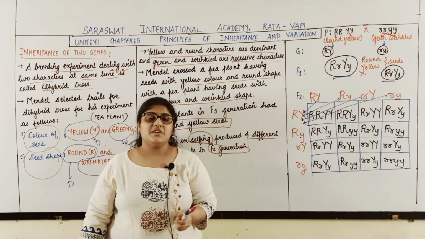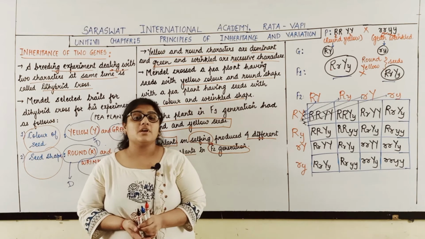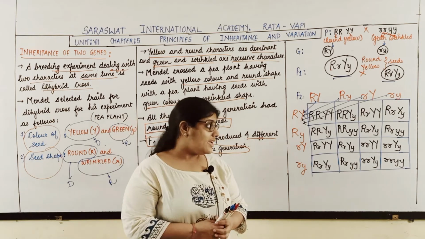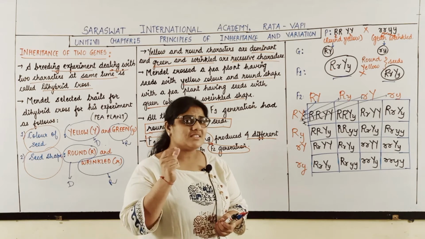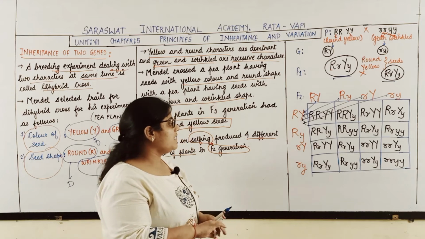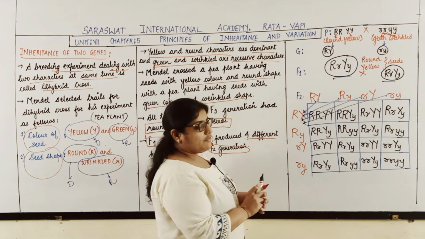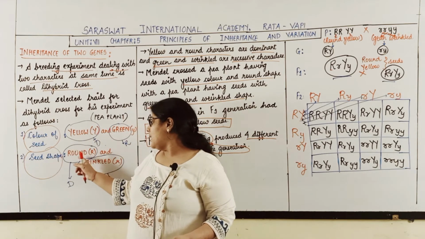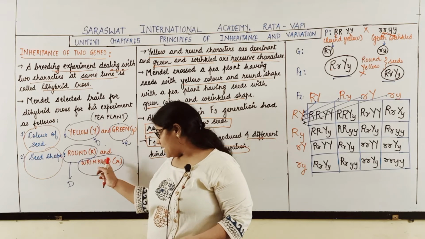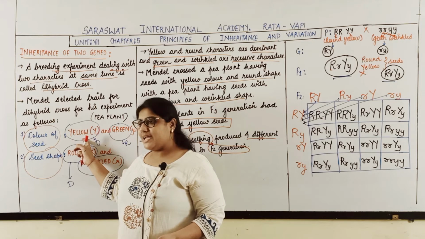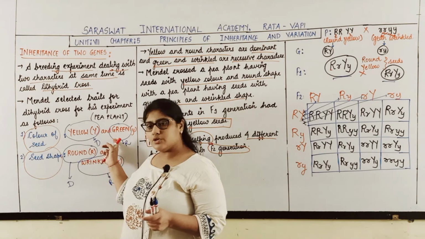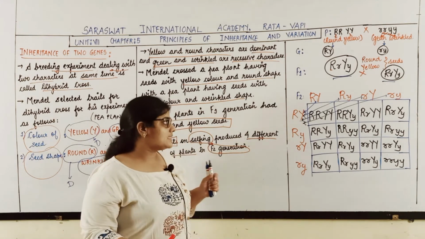Now, these are the 16 different combinations obtained in the F2 generation. Now, if we study the phenotype of each and every plant, we know that capital R is dominant over small r, that is round is dominant over wrinkled, and capital Y, that is yellow color, is dominant over green color, that is small y.